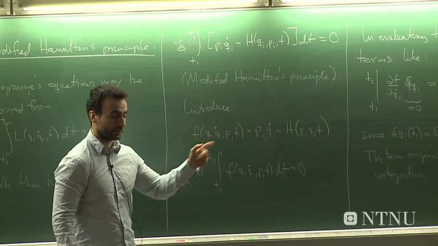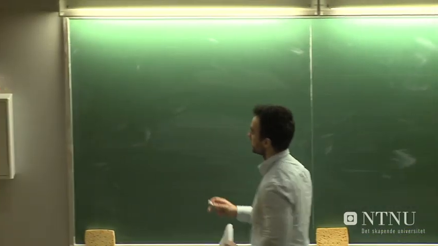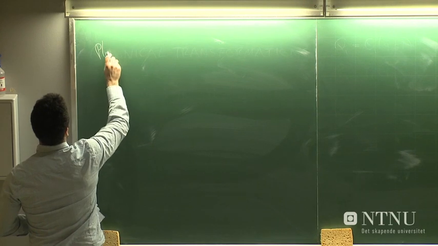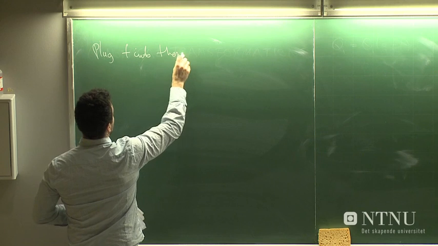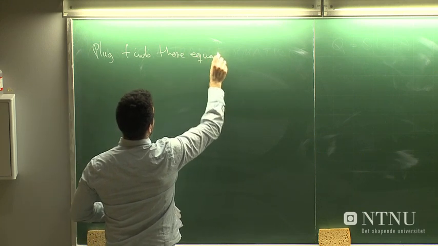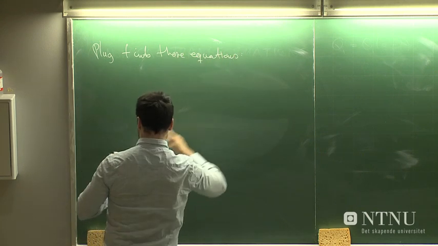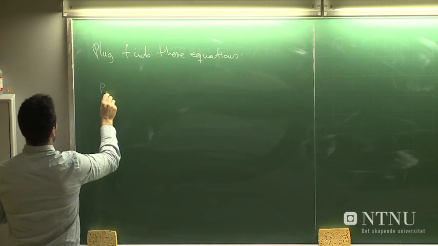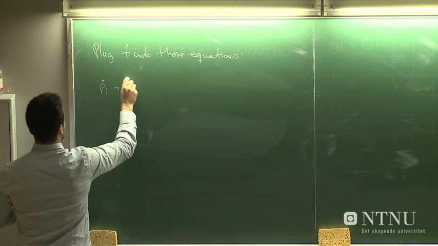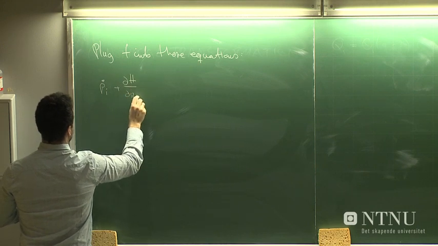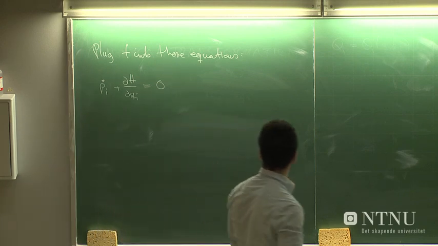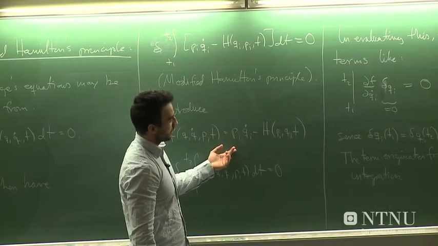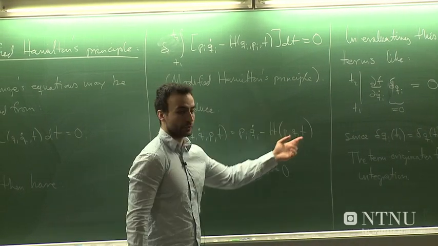So we just plug f into the equations. The first equation should become this, because df dq only gets the contribution from the Hamiltonian.